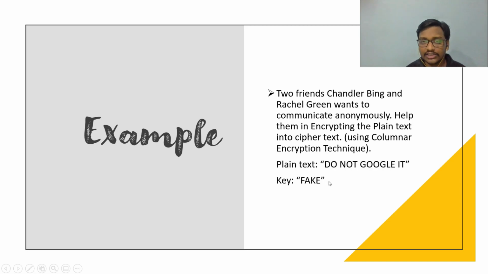Firstly, we have to remove spaces, as I mentioned in the rail-fence technique, and make the group of words into a group of characters. As I said in the algorithm, we have to arrange the letters of FAKE in alphabetical order, so 3, 1, 4, 2 is the order of the key.